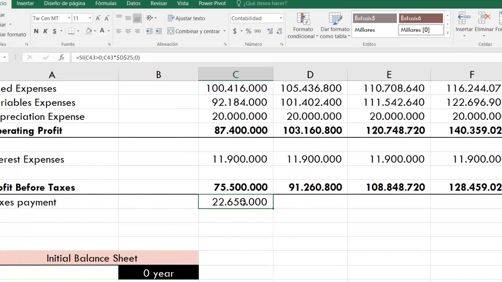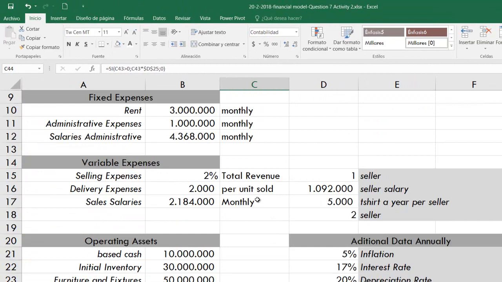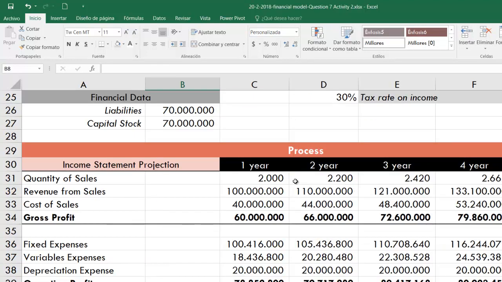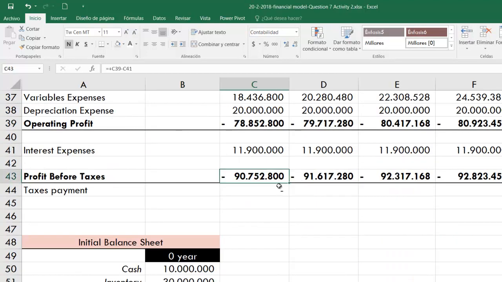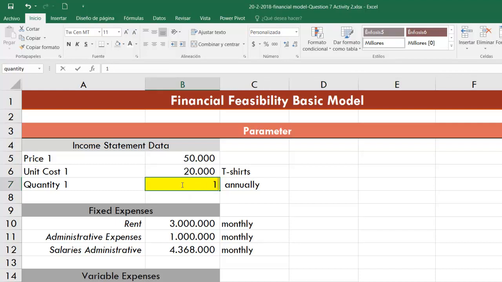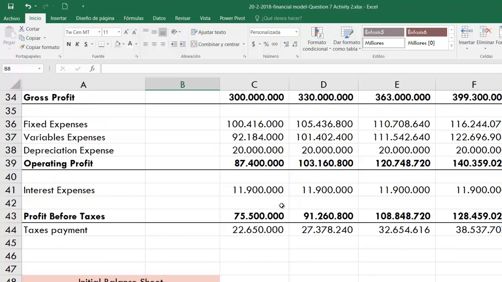million on profit. Let's type here some sales of, let's say, 2,000 units, which should probably give us a loss. Actually, yeah, there is a loss. So we make no tax payments at all. Let's not forget to drag it to the right, and let's go back to our initial 10,000 unit sales.